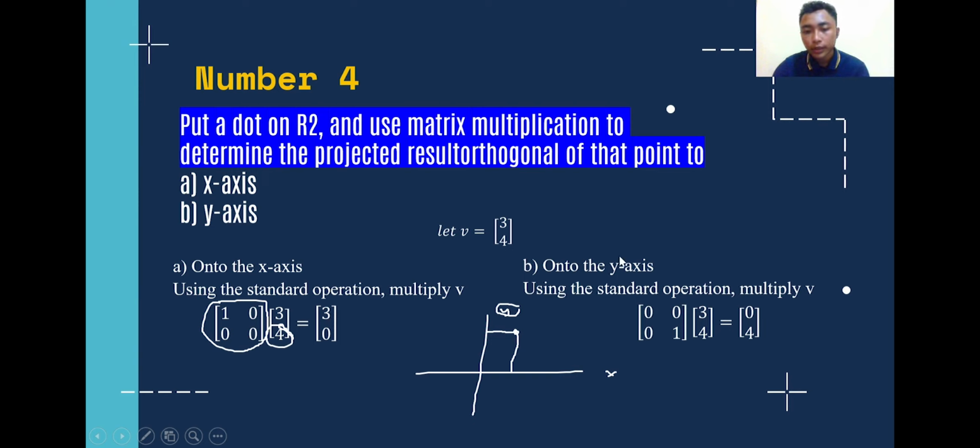And next is the y-axis, that's the same as the x-axis, but in the y-axis we make the value of x become 0, because we move the point to the y-axis. So the formula is like this: 0 0 0 1, and we multiply it with the coordinate matrix, and the result is 0 4.